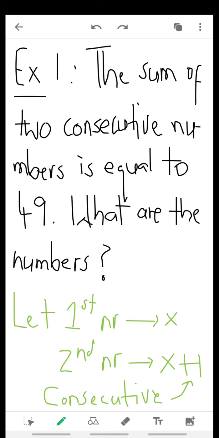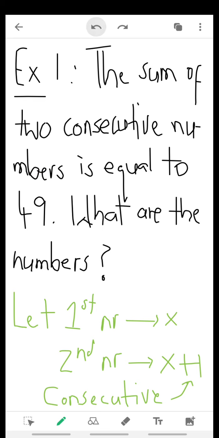We're going to let the first number be x. Therefore, the second number will be x plus 1, because consecutive numbers increase by 1. When we add x and x plus 1, they will add up to 49.